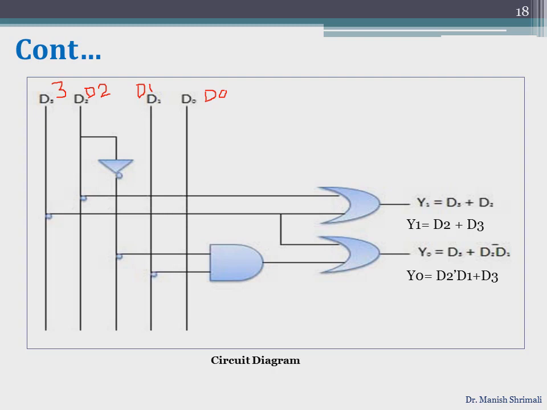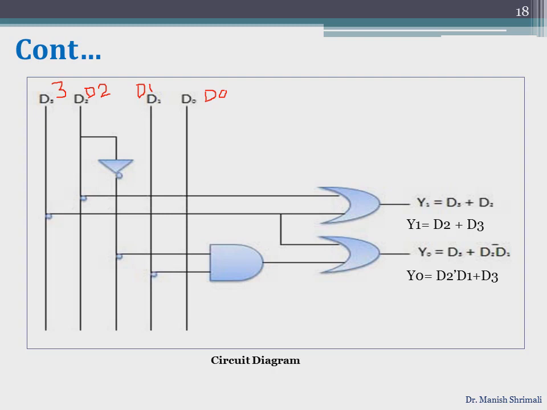Let me write over here: this is D0, this is D1, this is D2, and this is D3.